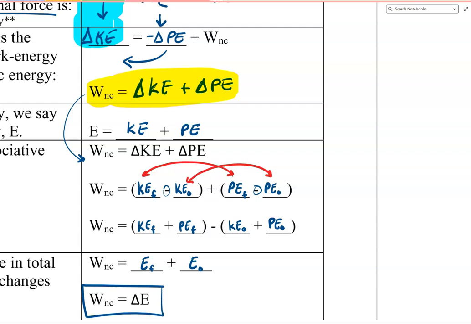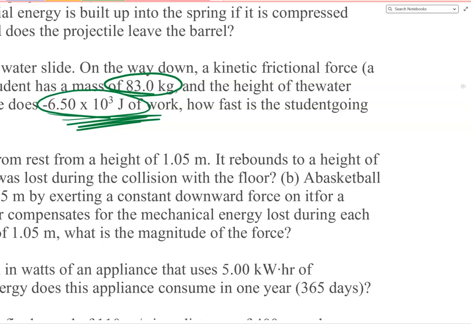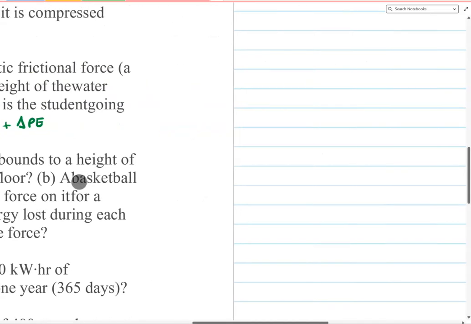The amount of work that's being done by a non-conservative force is equal to the change in kinetic and potential energies of an object. So with that in mind, I think we can use that to compute our final velocity. I'll show you what I mean.